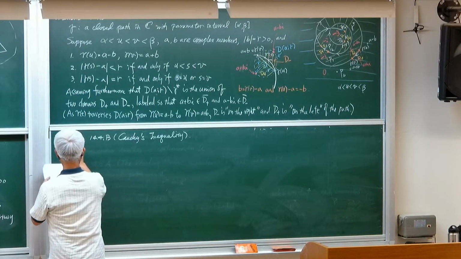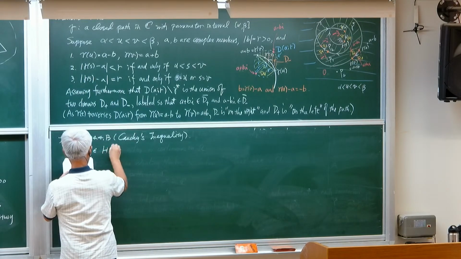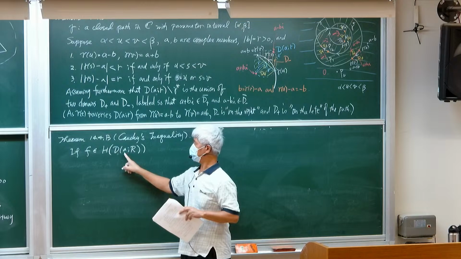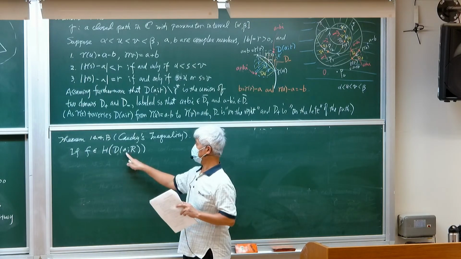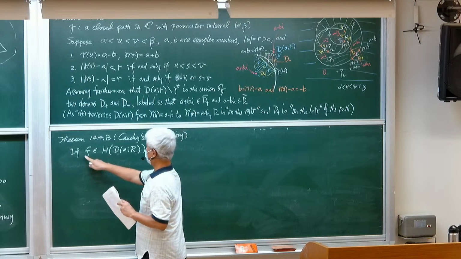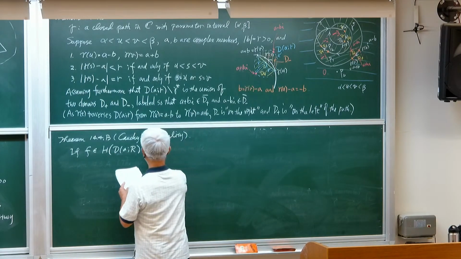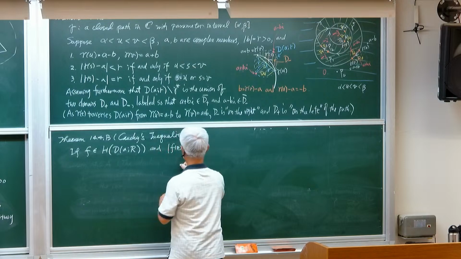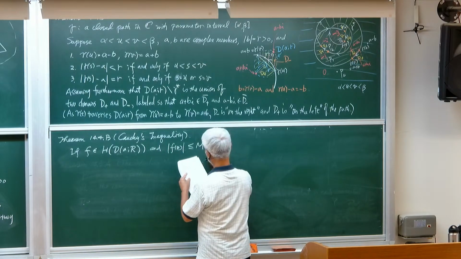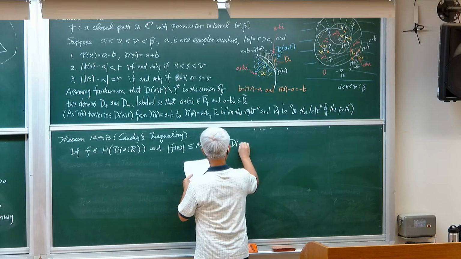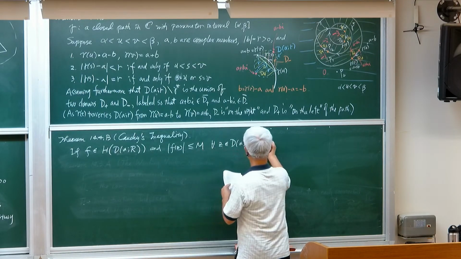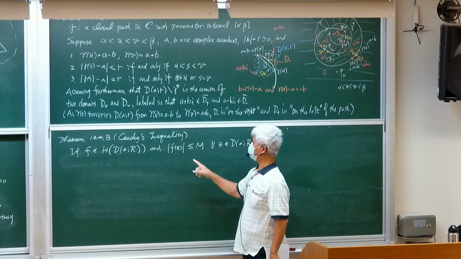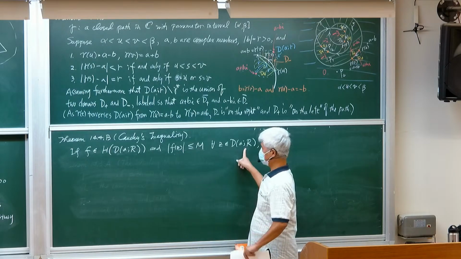Okay, so if f is analytic on D(a, R), which is an open disk with center a and radius big R, and suppose that |f(z)| is upper bounded by M for all z in this open disk.